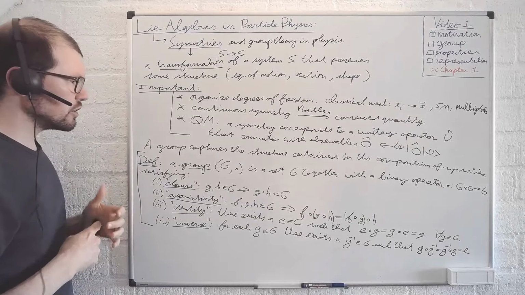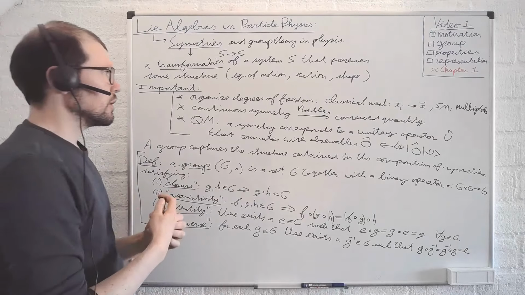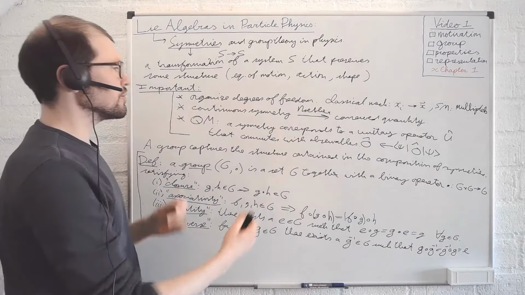So these four axioms really capture what we think of as symmetries.